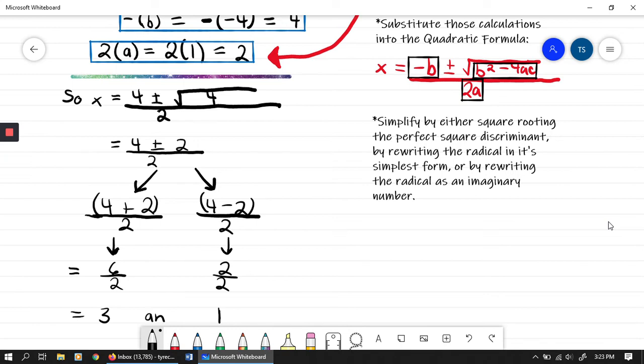So here we have two distinct and unique answers. And again, the two answers came from the fact that we've got the plus or minus symbol. Okay, so that plus or minus lets us know that we need to split this up.